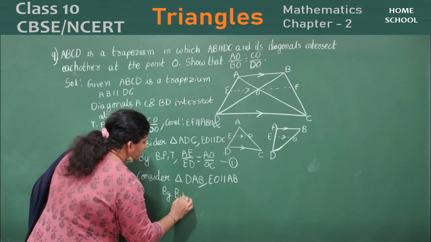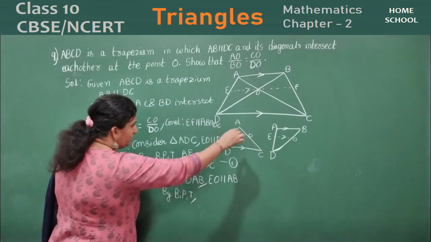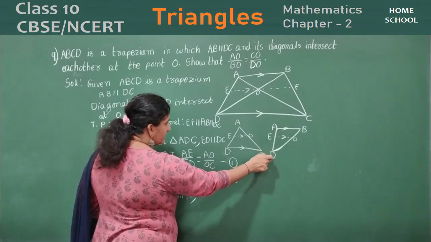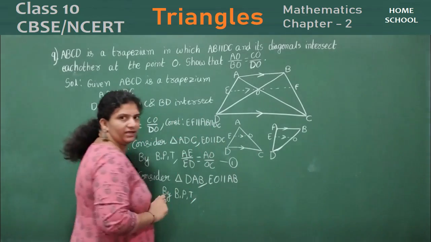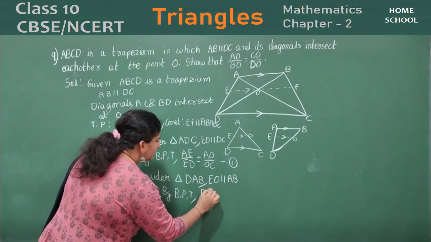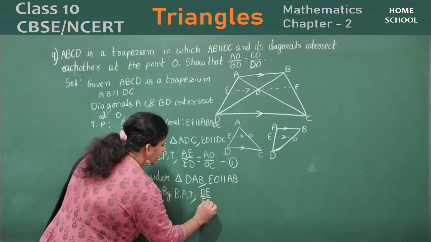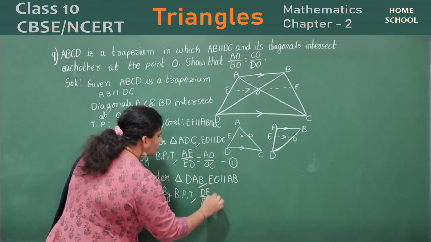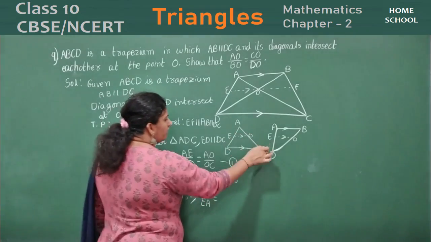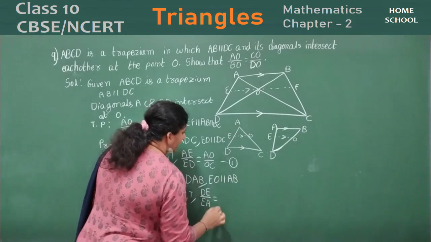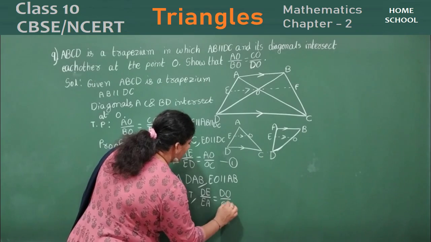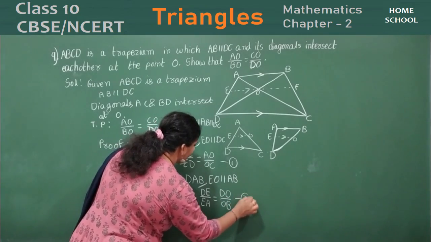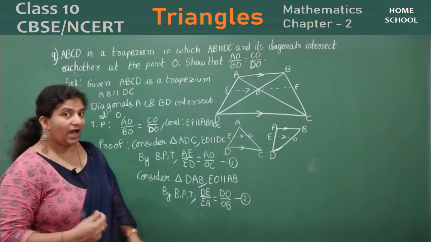By basic proportionality theorem, see here, your vertex is here, children. Your triangle is reversed, right? So from here only I will continue. That is DE by EA. Children, are you able to see it on the figure? DE by EA is equal to DO by OB. Mark it second equation.